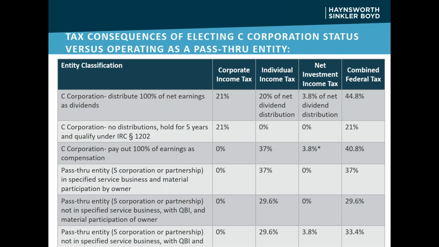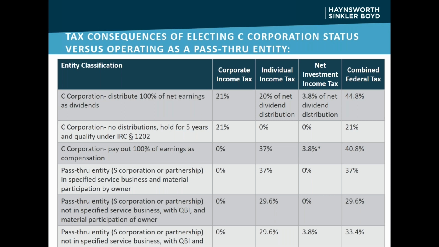So then the last three, if we have a pass-through entity, which is a partnership or an S corporation, and we are in one of those specified service trade or businesses, which are the businesses where the principal asset of the trade or business is the reputation or skill of one or more of its employees, and we have material participation by the owner. We do not get the QBI deduction since it is a specified service trade or business, so their tax rate is that normal 37% individual income tax rate, but the net investment income tax doesn't apply, so the total federal rate is the 37%.